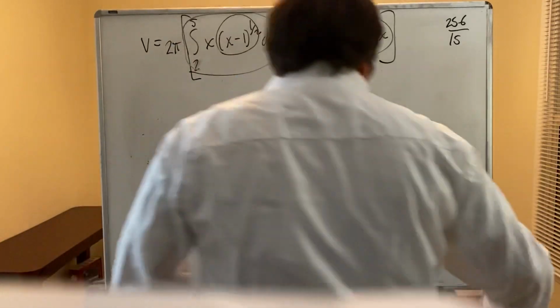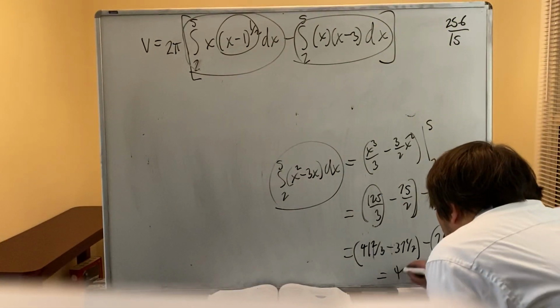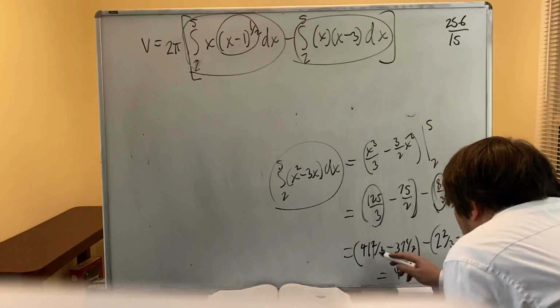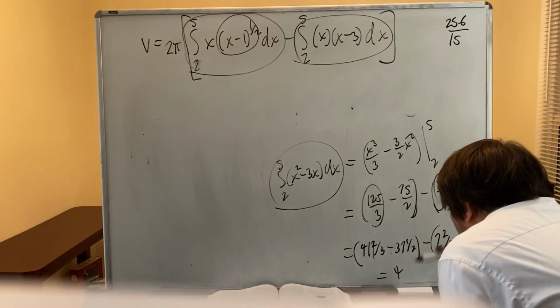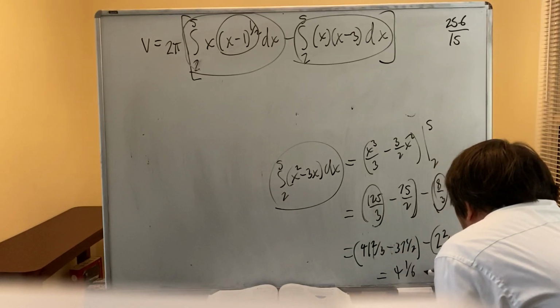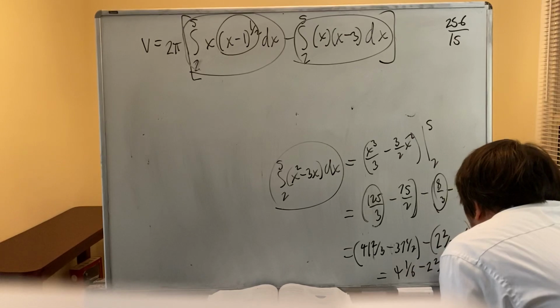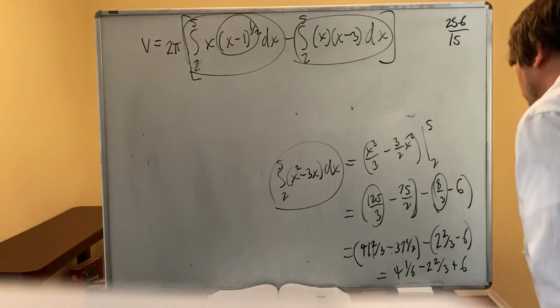Okay, so this is equal to 4 and 2/3 minus 1/2, which is 4/6 minus 3/6. That's 4 and 1/6 minus 2 and 2/3 plus 6.